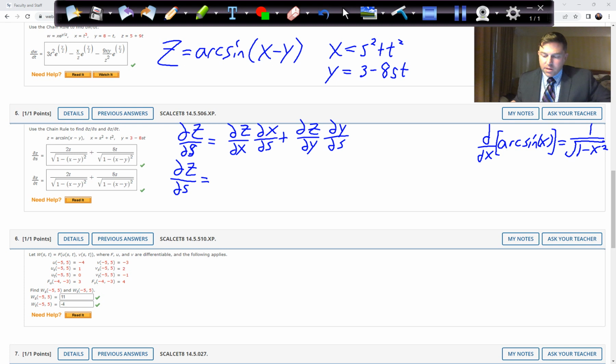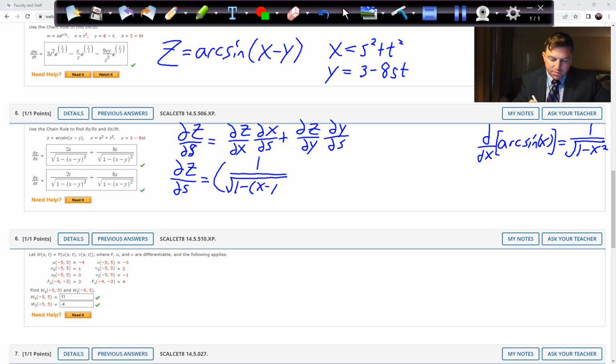So the derivative of arc sine of x minus y is 1 over the square root of 1 minus that entire bubble, x minus y squared, times the derivative of the inside bubble with respect to x, which would be 1. So this is times 1.